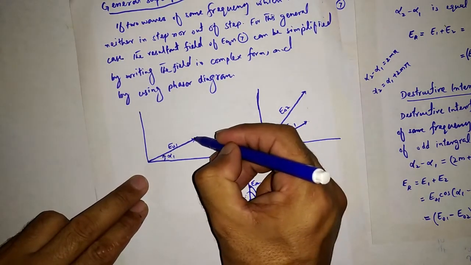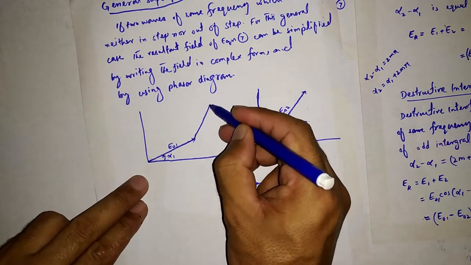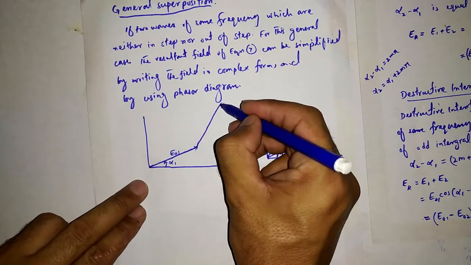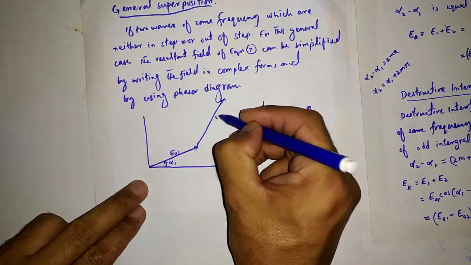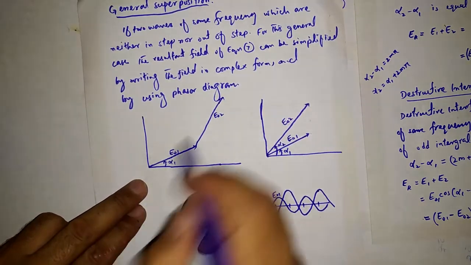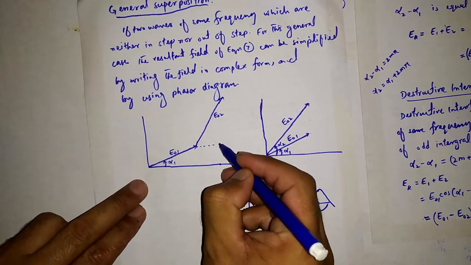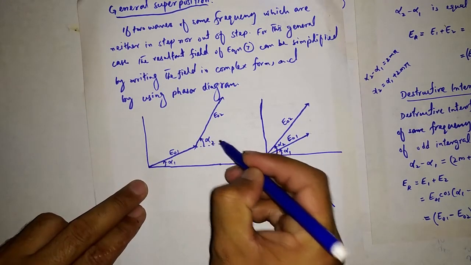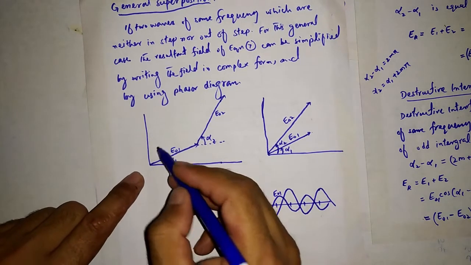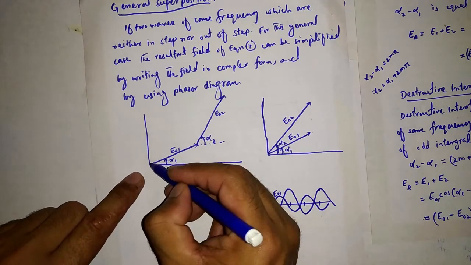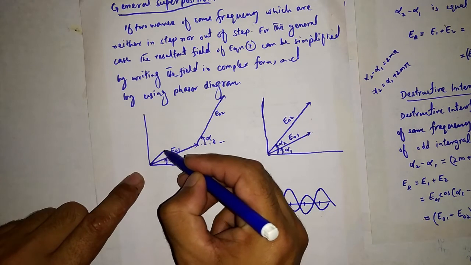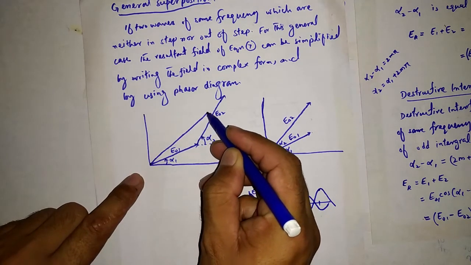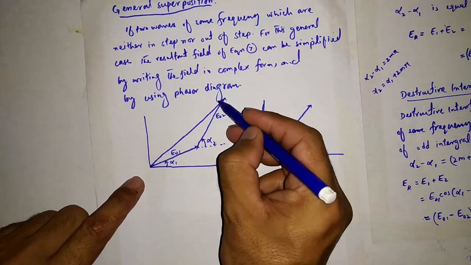And if I put the tail of the second vector, which has amplitude E2 and phase angle alpha 2, then the resultant wave will have an amplitude of about this one.